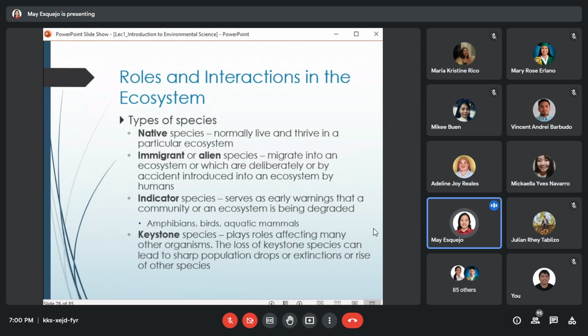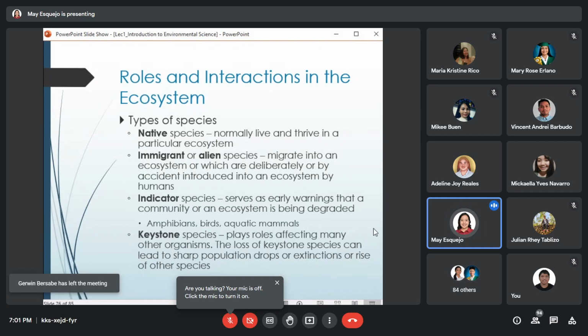Ibig sabihin, sila yung original na taga doon. They normally live and thrive in that ecosystem. We also have the immigrant. Sila yung mga alien species. Ibig sabihin, they migrate, depende sa needs nila. If napansin nila na hindi na enough yung food or resources dun sa isang area nila, they tend to migrate, okay? Or to transfer para masustain yung kanilang survival.